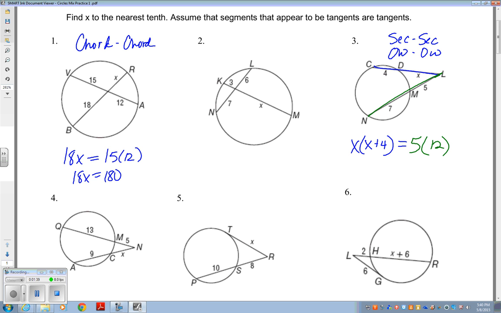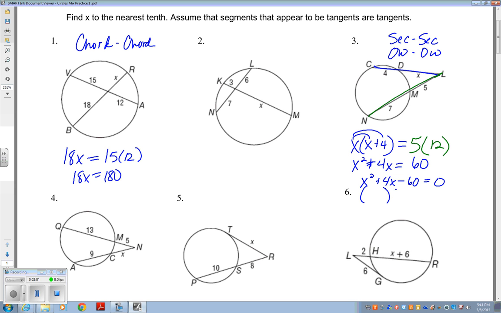And so you are going to have a quadratic here when you multiply. So we have x squared plus 4x equals 60. We want the quadratic equal to 0, so x squared plus 4x minus 60 equals 0. And then we're going to factor to solve, which I know you know how to do.